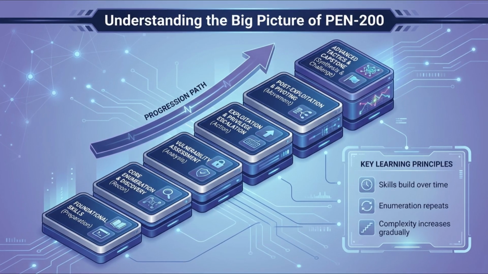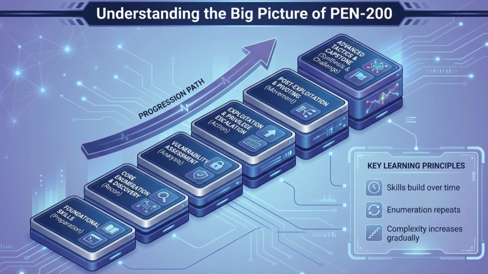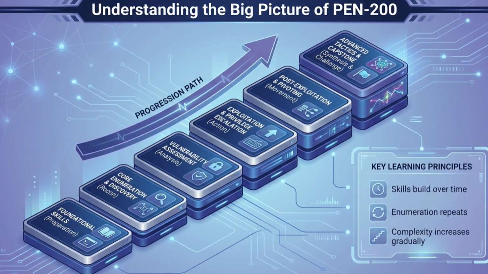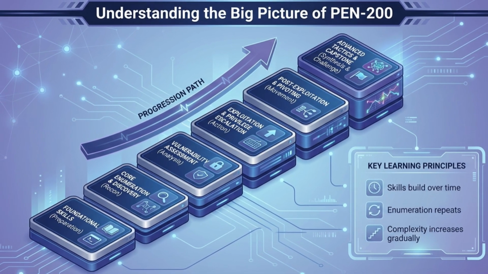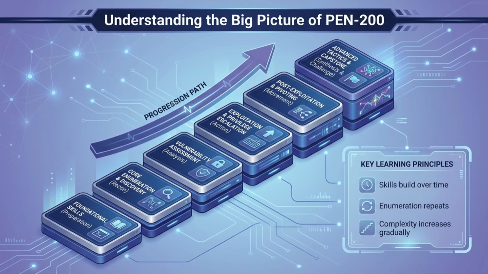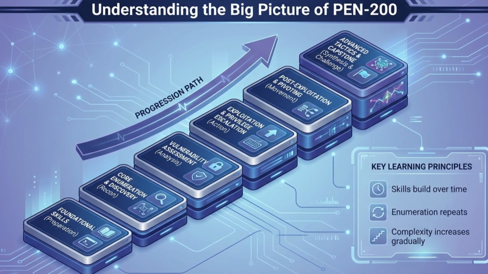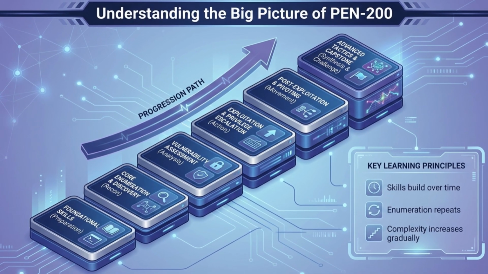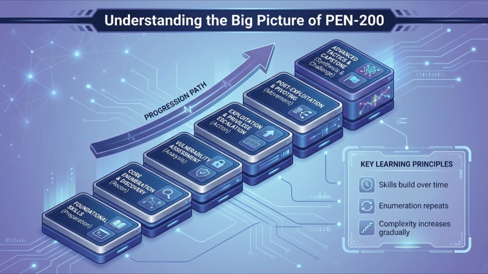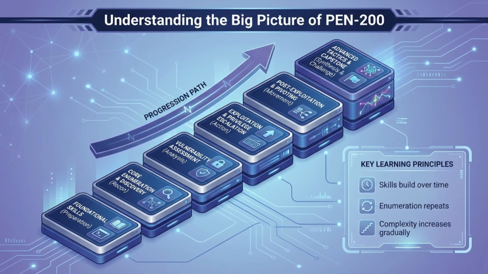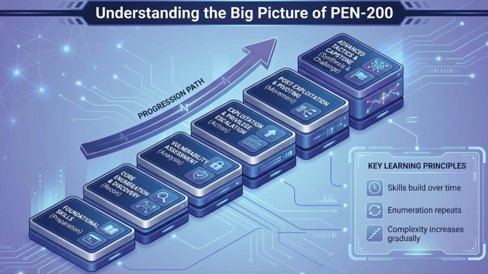Learning Unit 3. Summary of PWK learning modules. This learning unit helps you see the big picture. Learning objective. Obtain a high-level overview of what's covered in each PWK learning module. Here, OffSec wants you to understand how the entire course fits together. Topics are not random. Skills repeat and build over time.